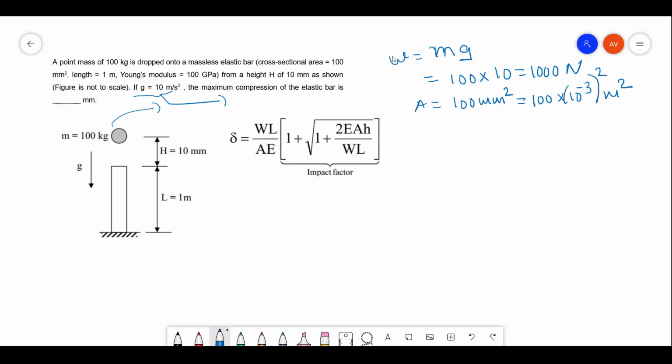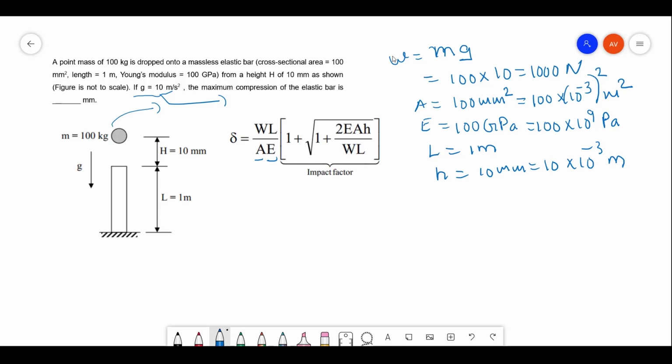Young's modulus is given to be 100 GPa, which again you have to convert into Pa. The length is given to be 1 meter, which is already in meter. And h you have to convert from mm, so 10 into 10 raised to minus 3 meter.